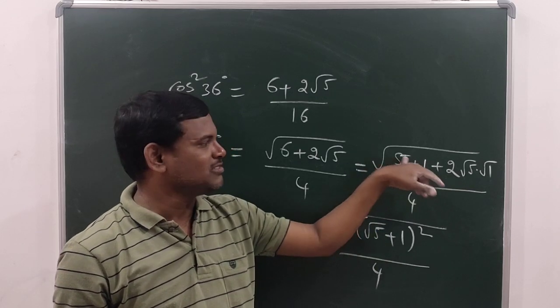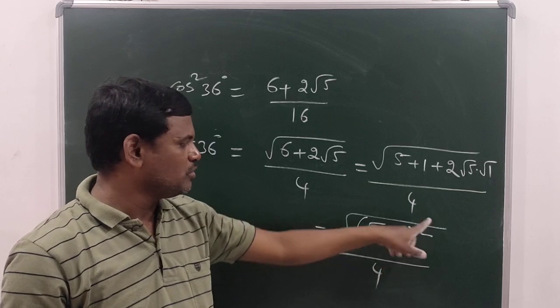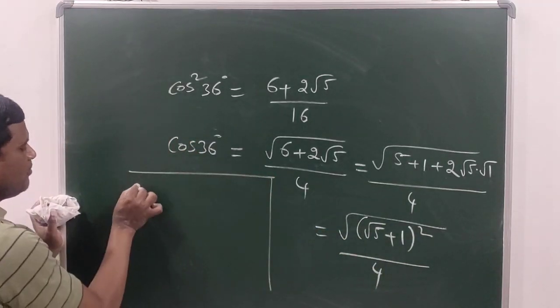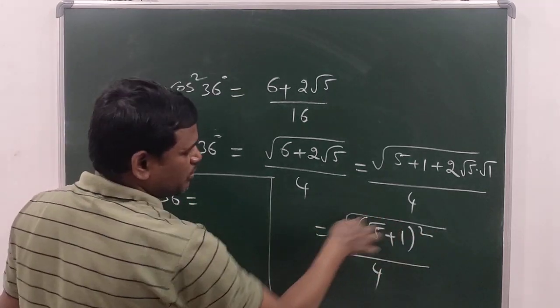Now it looks like a square plus b square plus 2ab. So that can be written as square root of root 5 plus 1 whole square by 4. No confusion here. Now the square root cancels. So what did you get finally? Cos 36 degrees is equal to, the square root cancels.